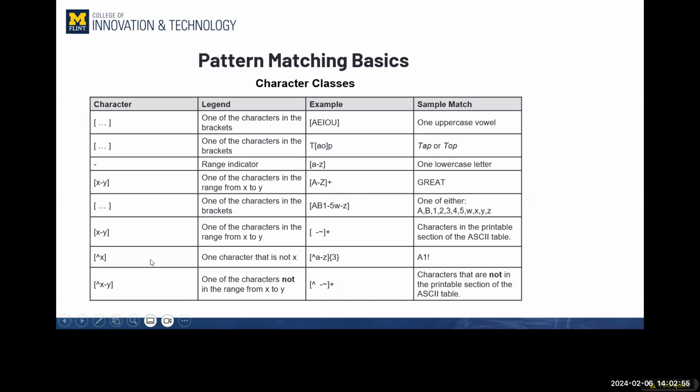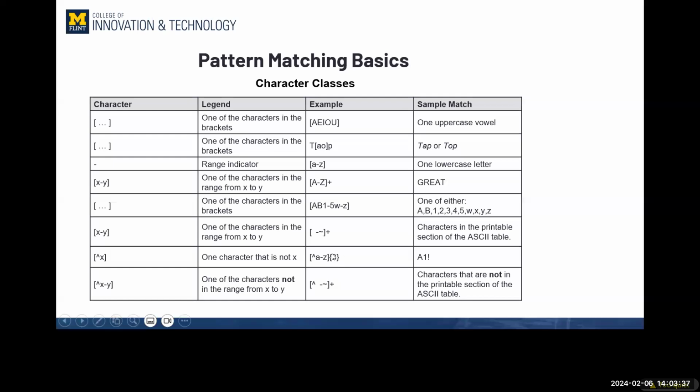Here we have the negation: one character that is not x. Here we have one character repeated 3 times. We will see what curly braces mean. The first part, inside the brackets, means that we are looking for a character that is not between A and Z, which is the negation. The 3 here, the curly braces, means how many times we are looking for this pattern. For the plus, we said that we are looking for one or more times.